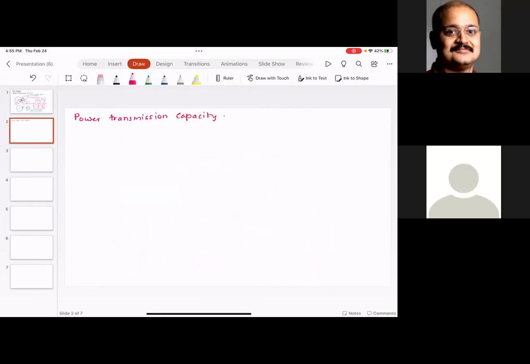Please note, this power transmission capacity is mu times N, which is the frictional force, multiplied by the velocity of point P. This is the power transmission capacity of the interface.